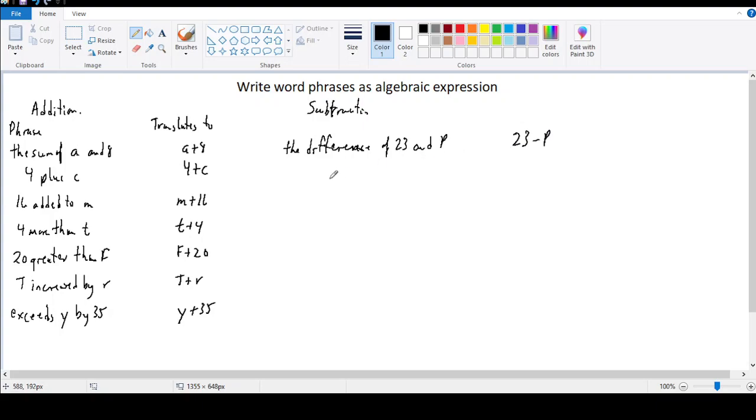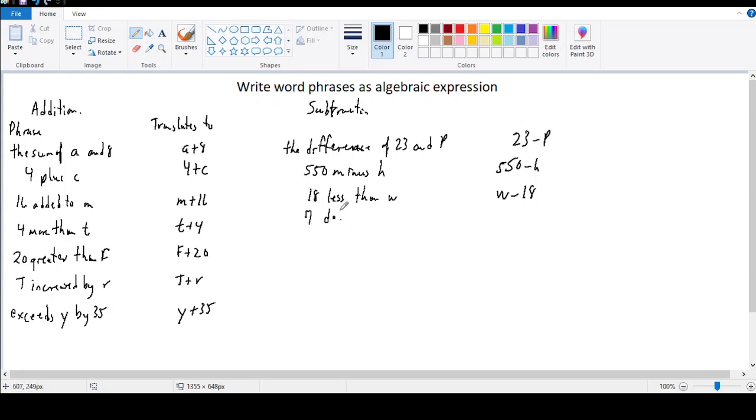The difference means just subtract. 550 minus h means simply subtract h from 550. 18 less than w, in other words, subtract 18 from w.